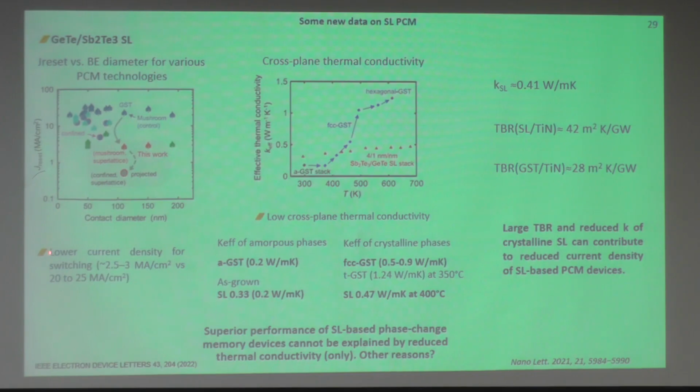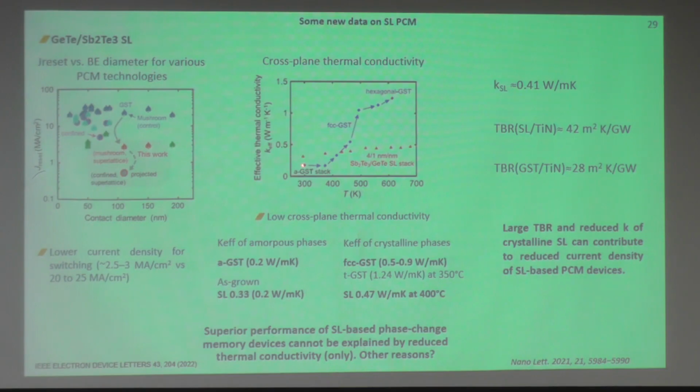They showed reduction of the reset current density to the value of 3 MA per square centimeter, and for GST again, it's between 20 and 25 MA per square centimeter. They also found the reduction of thermal conductivity of such superlattice cells.